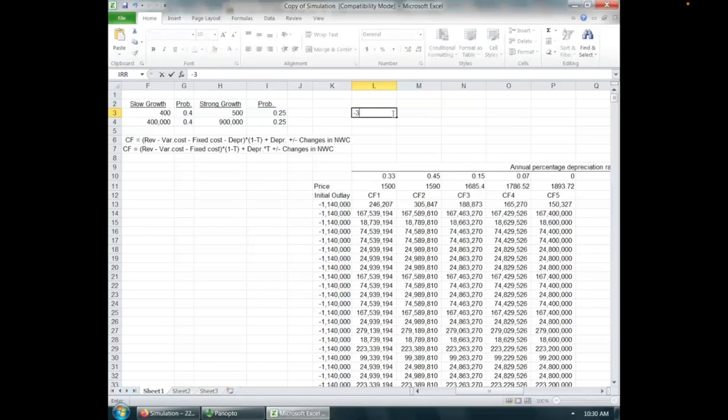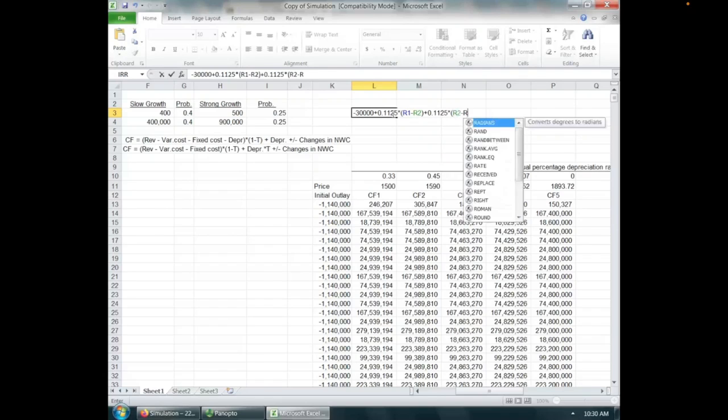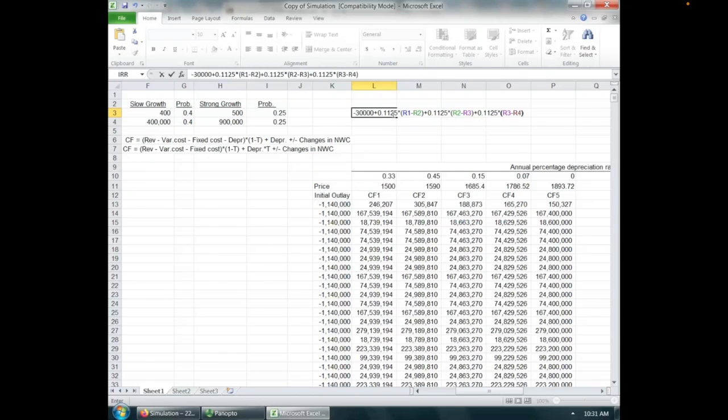So let me do it again. So negative 30,000 plus 11.25 times revenue 1 minus revenue 2 plus 11.25 times revenue 2 minus revenue 3 plus 11.25 times the revenue 3 minus revenue 4 and plus 11.25 times revenue 4 minus revenue 5.